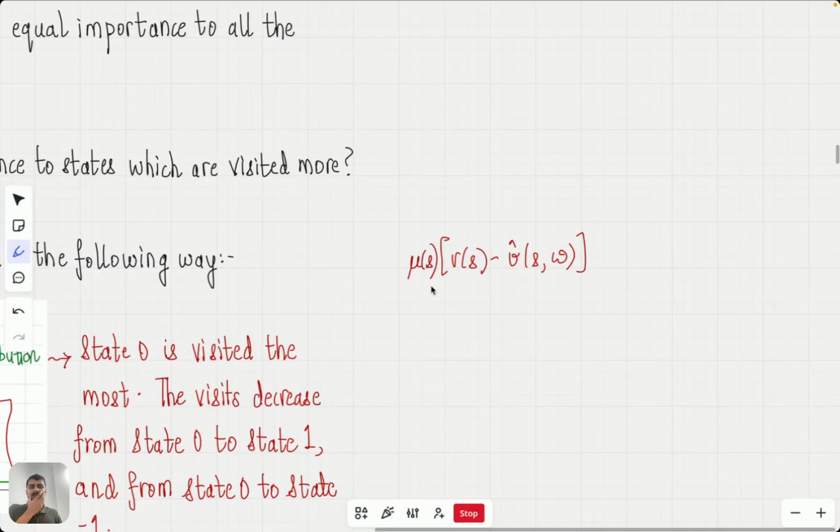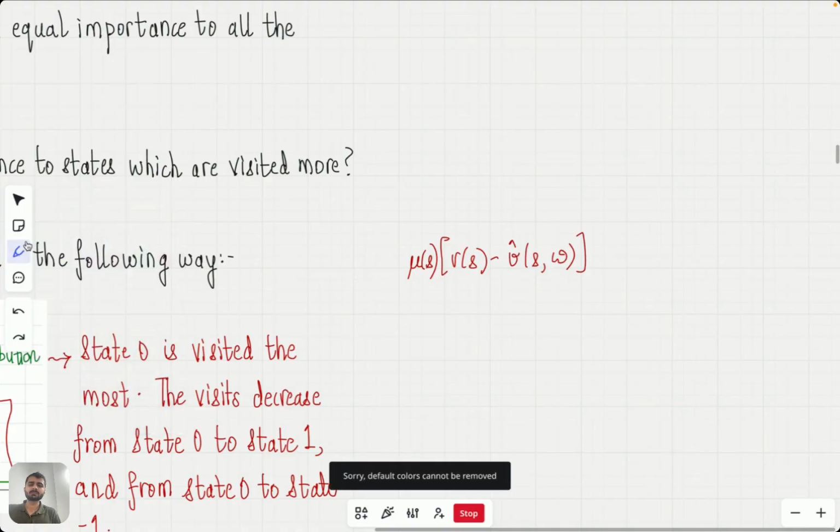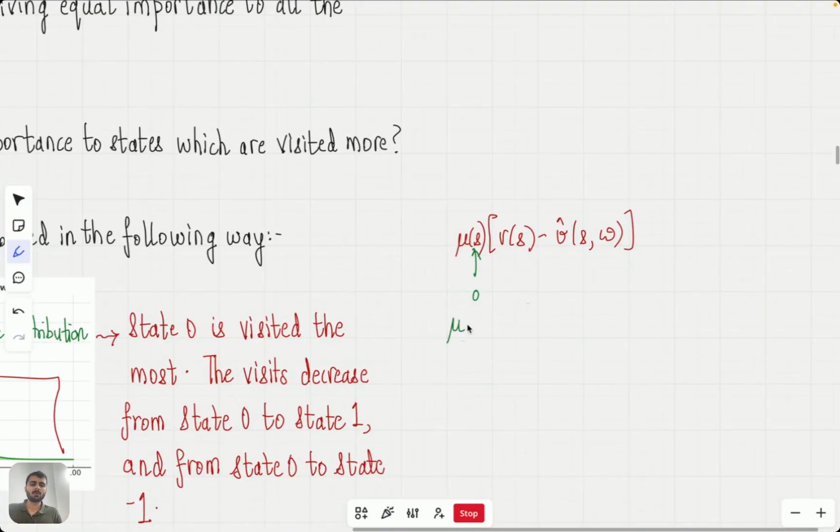What this will do is that if my mu of s has a very high value, let's take an example by taking s as 0, which is the peak of the mountain. So it becomes mu of 0 into v of 0 minus v hat of 0 comma w.